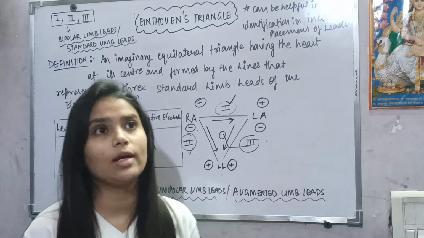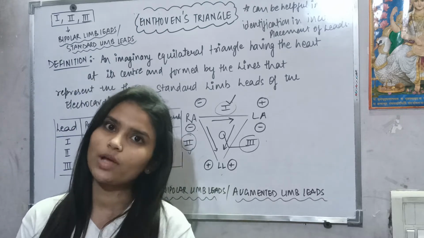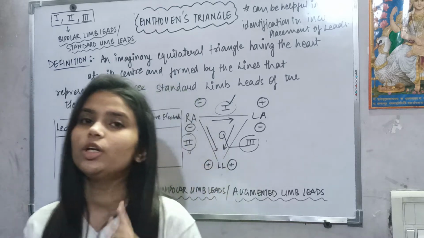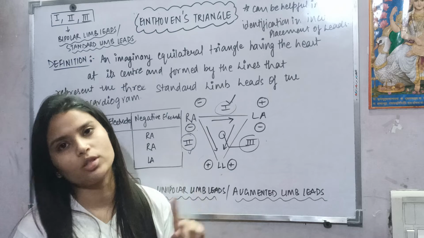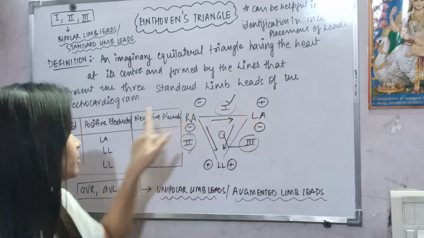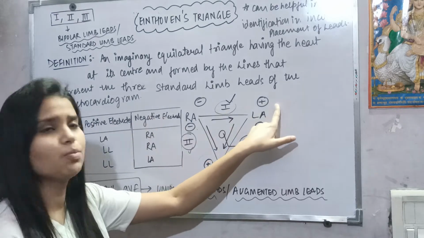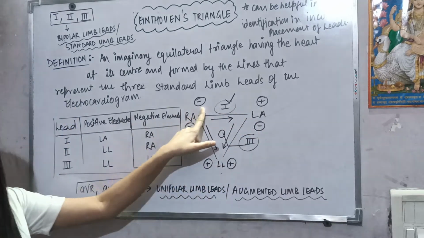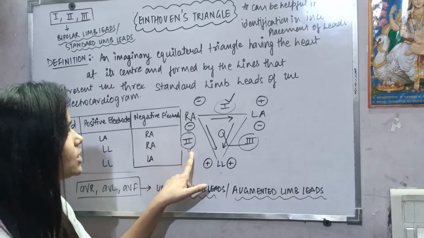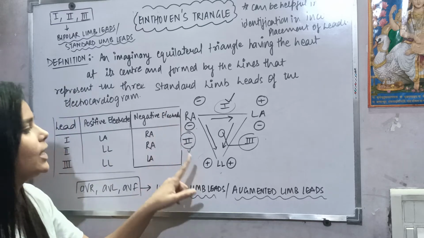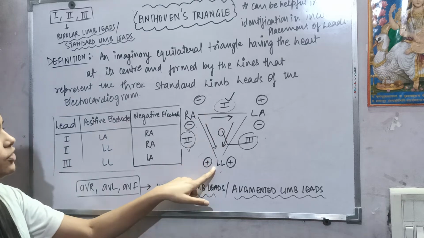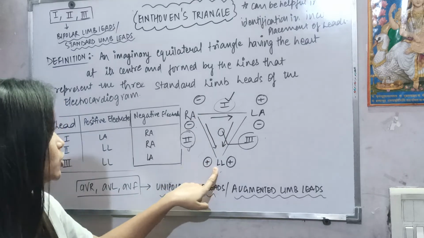When we calculate the potential difference, there should be two terminals, one positive and the other negative. In the first lead, the left arm is the positive electrode and the right arm is the negative electrode. In the second lead, which represents the voltage difference between the right arm and left leg, the right arm is the negative electrode and the left leg is the positive electrode.